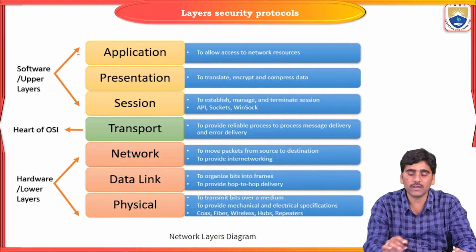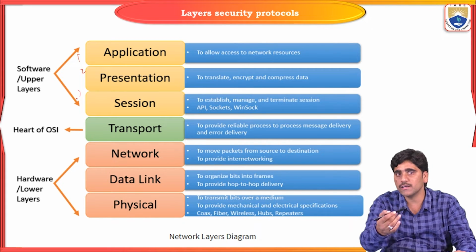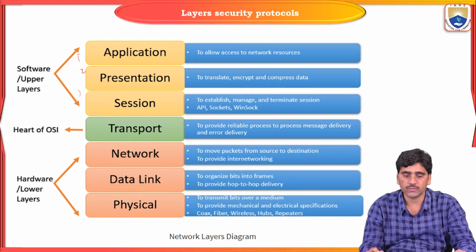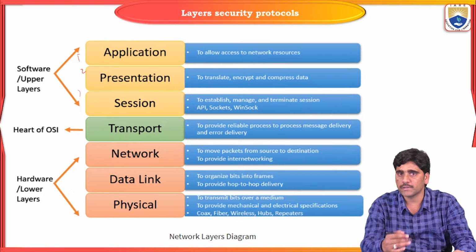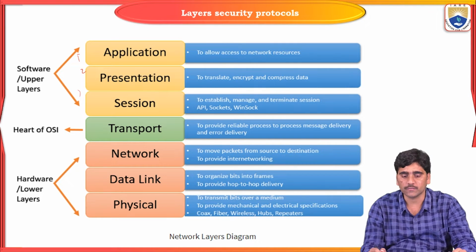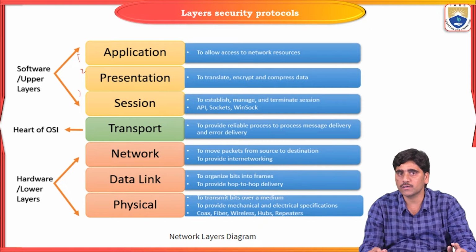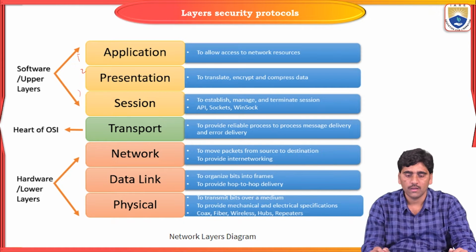The application, presentation, and session layers are called software layers or upper layers. These three are the top layers of the network layers diagram as well as the OSI reference model.